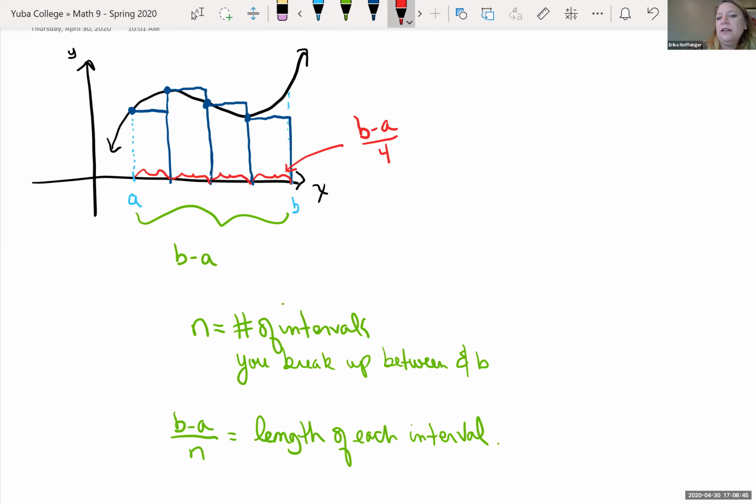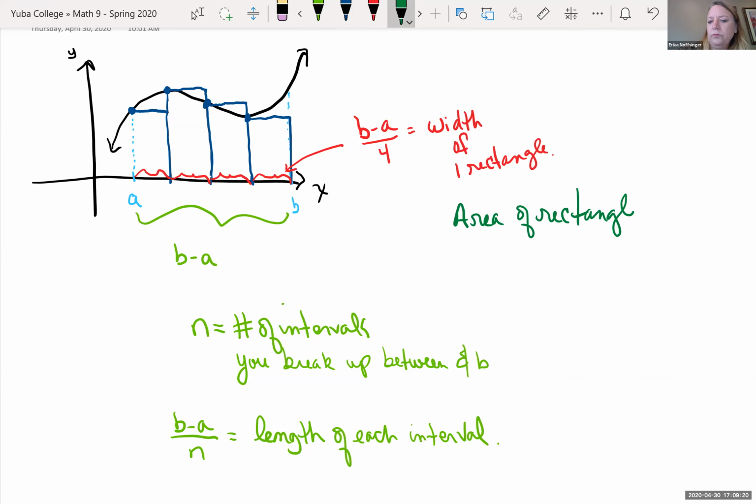So this is equal to the width or base of one rectangle. And we know we can find the area of a rectangle by base times height, or length times width.